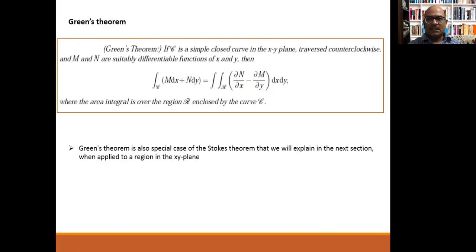Now what is Green's theorem actually? Green's theorem says that if C is a closed simple curve in the xy plane, traversed counterclockwise, and M and N are suitably differentiable functions of x and y, then we can write the closed curve integral over C of M dx plus N dy equals the double integral over R of (del N by del x minus del M by del y) dx dy, where this area integral is over the region R enclosed by the curve C. So Green's theorem is also a special case of Stokes theorem.